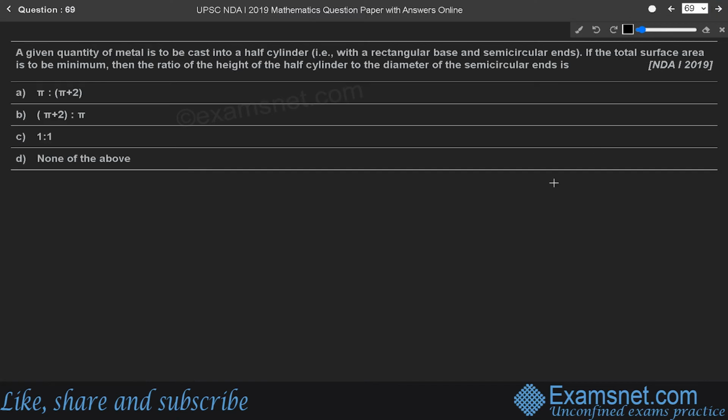Next question is, a given quantity of metal is to be cast into a half cylinder, that is with a rectangular base and semicircular ends. If the total surface area is to be minimum, then the ratio of the height of the half cylinder to the diameter of semicircular ends is. This is a very different question from all the questions that we are solving.